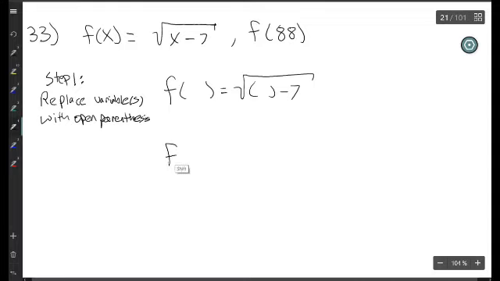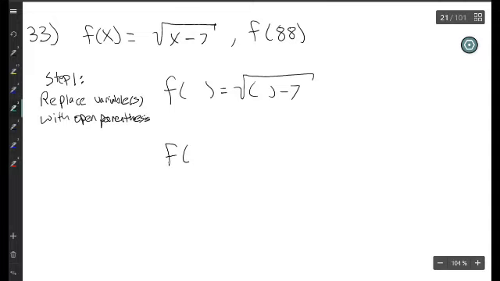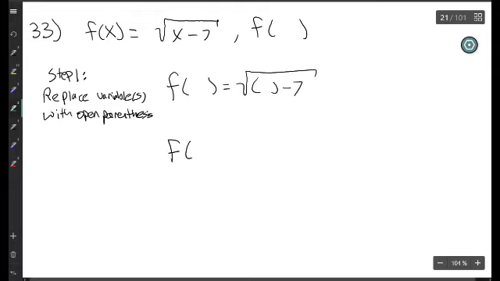And then plug in the value. Plug in the number being evaluated.